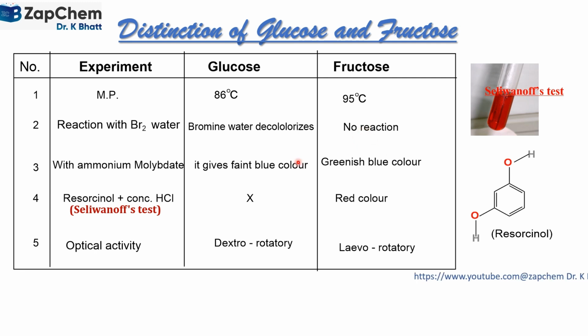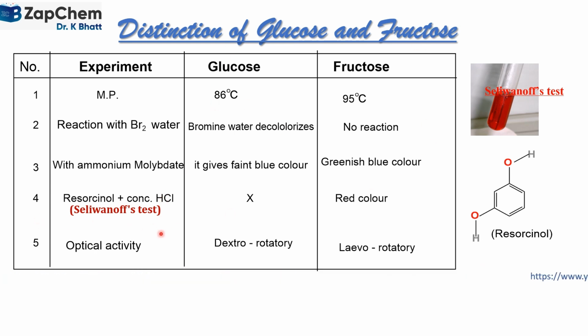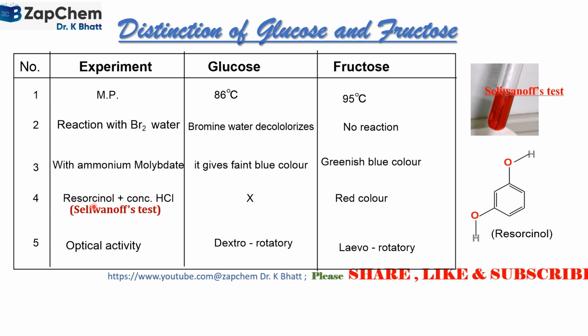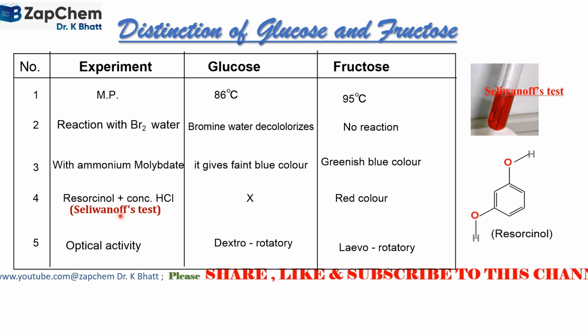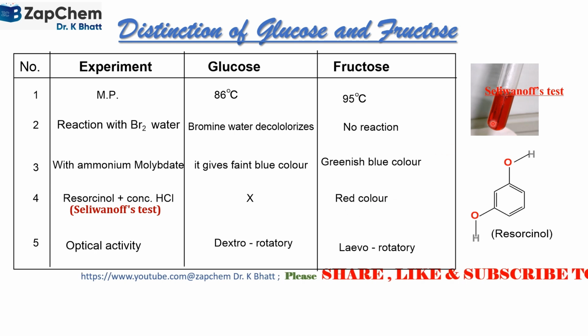And there is a definite test for separation of glucose and fructose, which is known as Selivanov's test. When the compound may be glucose or fructose and you want to differentiate, it is heated along with resorcinol and concentrated HCl, and you get a red color like this.